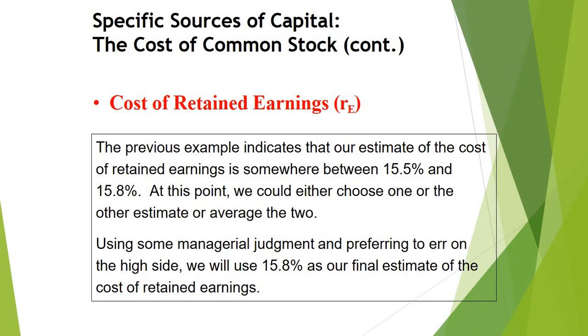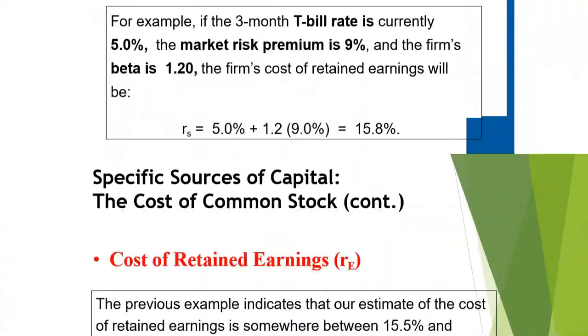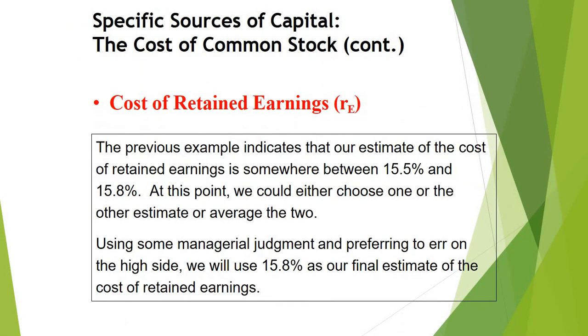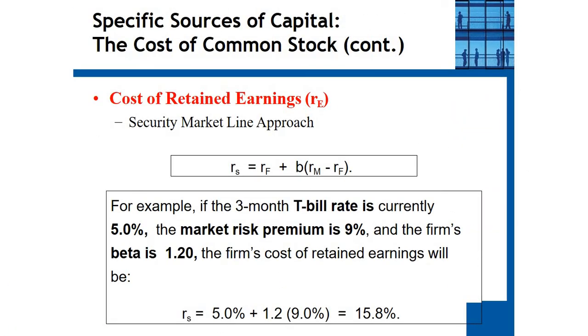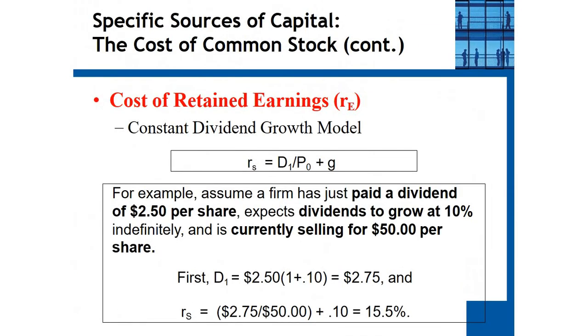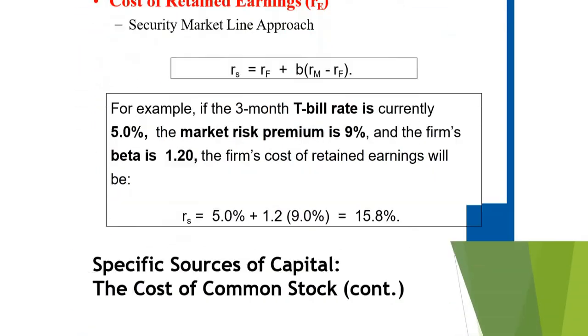So we know that the cost of retained earnings we have considered is 15.8% as per the capital asset pricing model, and based on the constant dividend growth model, the cost of retained earnings is 15.5%.